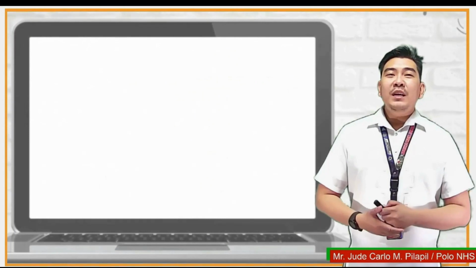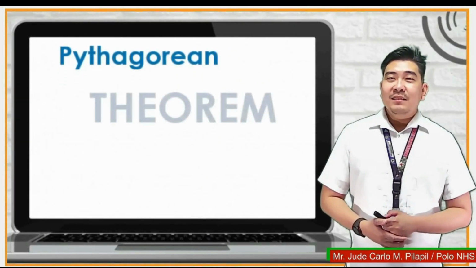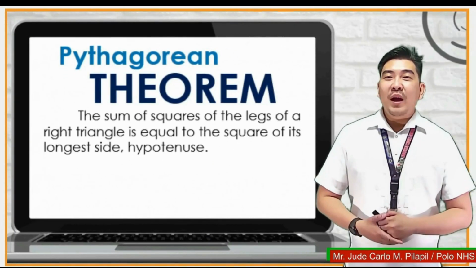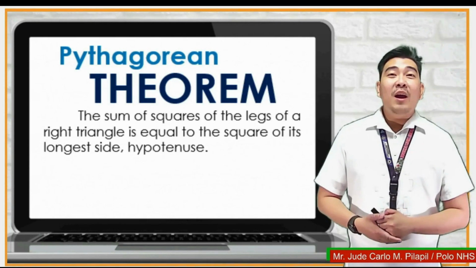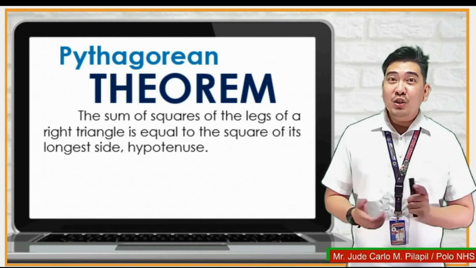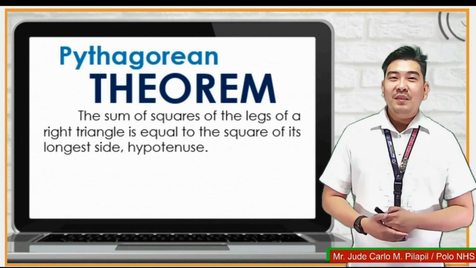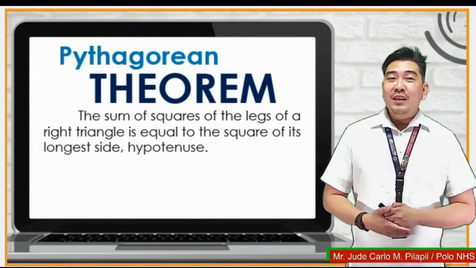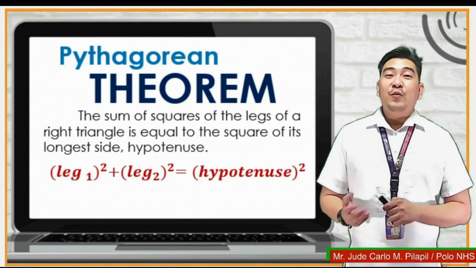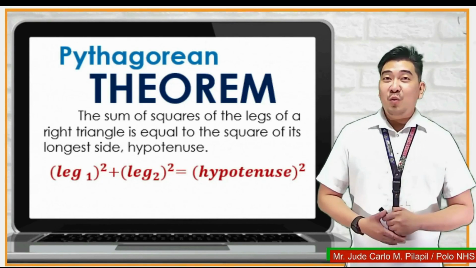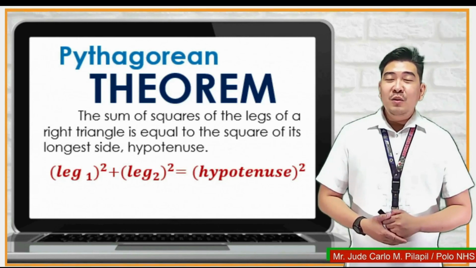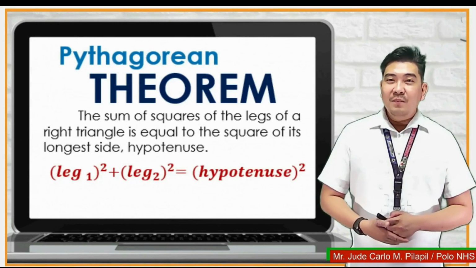The Pythagorean theorem states that the sum of the squares of the legs of a right triangle is equal to the square of its longest side, called the hypotenuse. In mathematical equation, we have the first leg squared plus the second leg squared is equal to the hypotenuse squared.